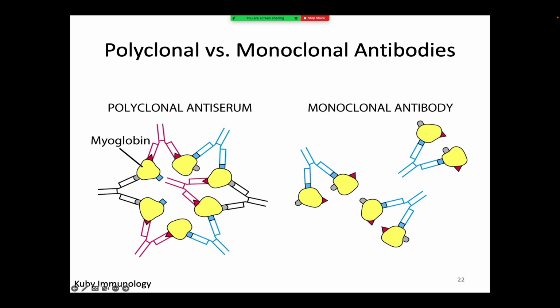Sometimes in the lab, we have the ability to make antibodies that are pure and only against one epitope, usually one epitope on one antigen. That is not what we see in a normal organism. It takes a fair amount of lab manipulation to make. Those are called monoclonal antibodies.